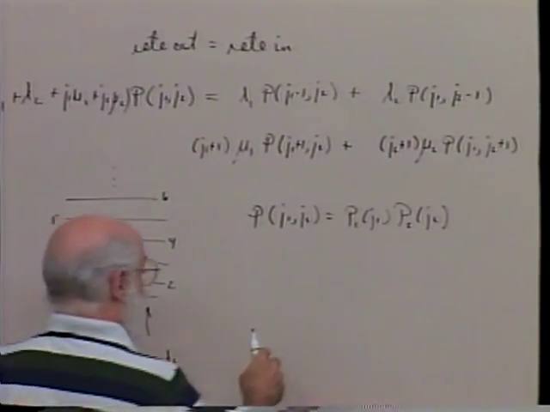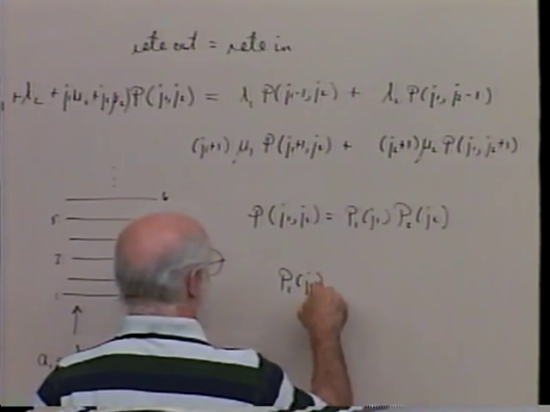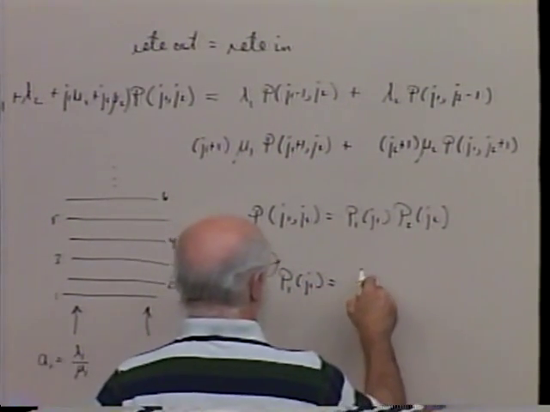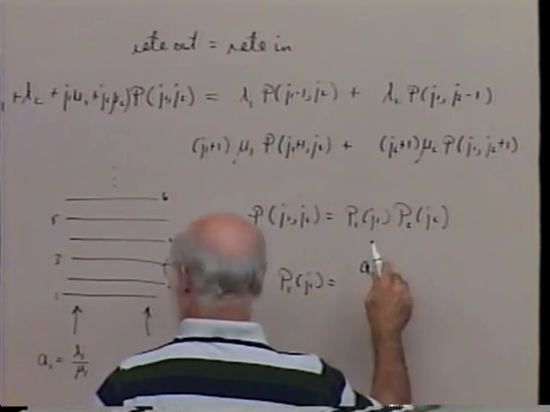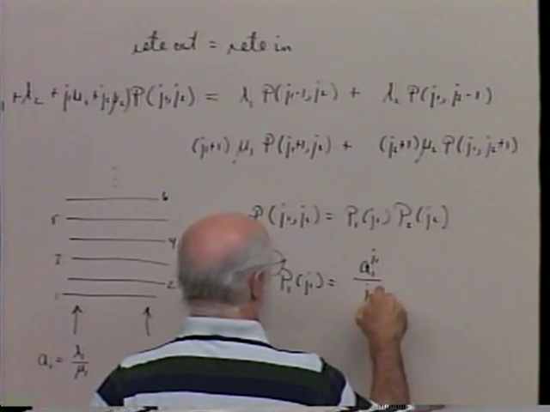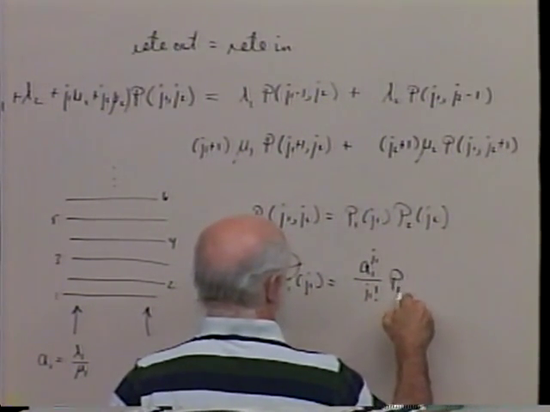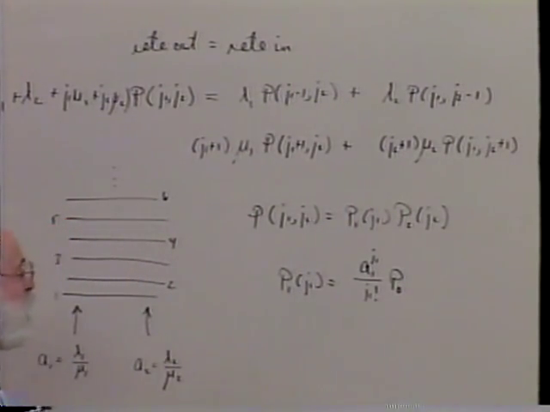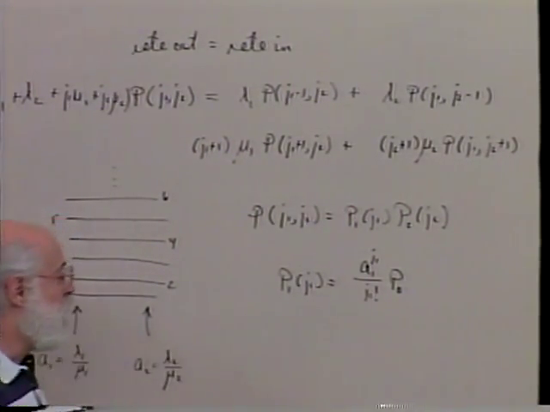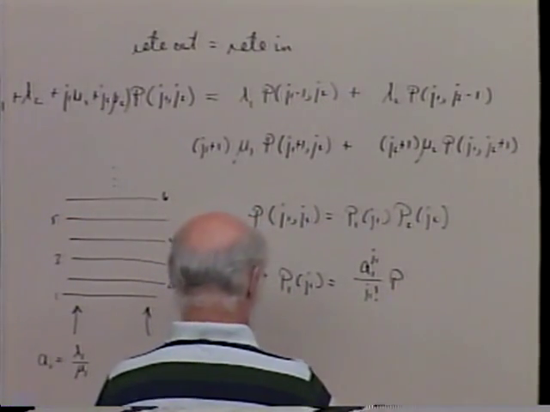So what we know is that P1 of J1 is equal to A1 to the J1 over J1 factorial times P0. Actually, I should write that as P1 of 0.